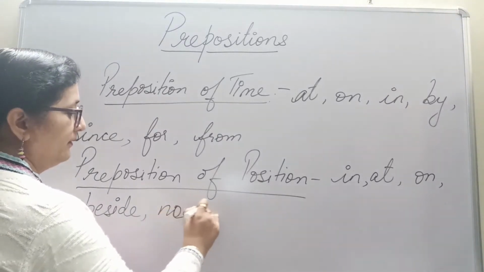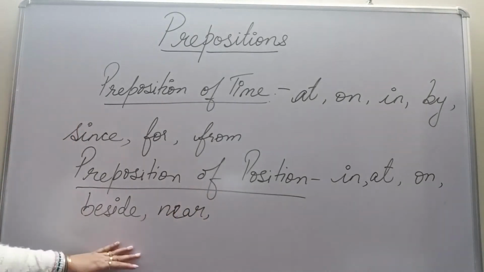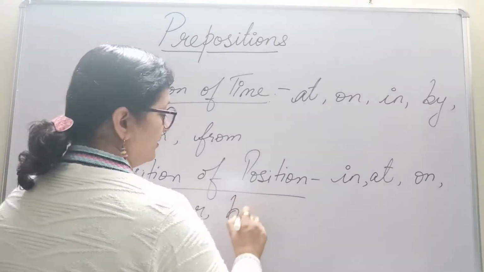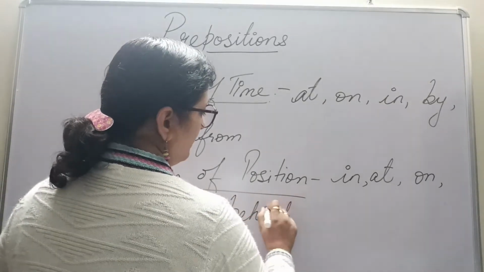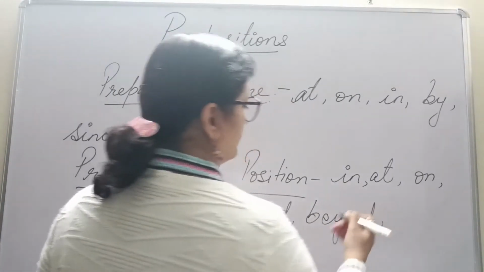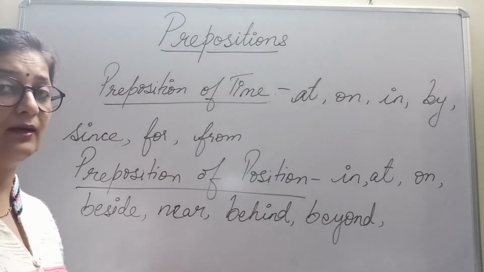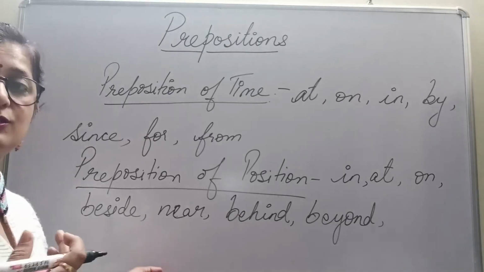Just a few more of them which I can think of. Near. We can have something which is near you. Behind, beyond. See, you can think about lots and lots more which fall under this category. You can have above.